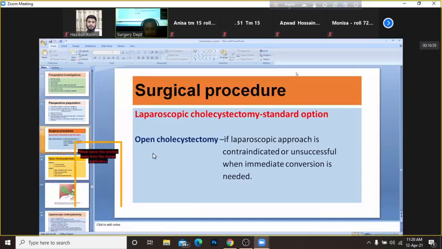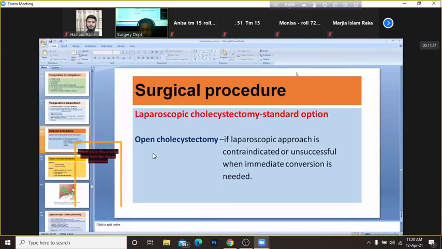So whenever we go for cholecystectomy, there are two procedures. One is laparoscopic cholecystectomy that has become a standard option nowadays. In our country, cholecystectomy used to be practiced laparoscopically by the early part of the 80s in the previous century, the 20th century.